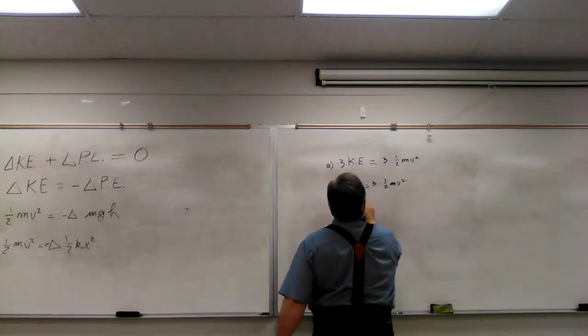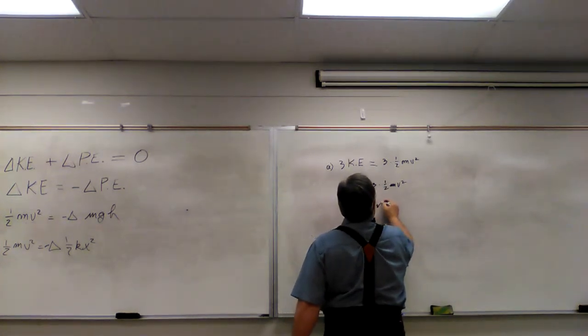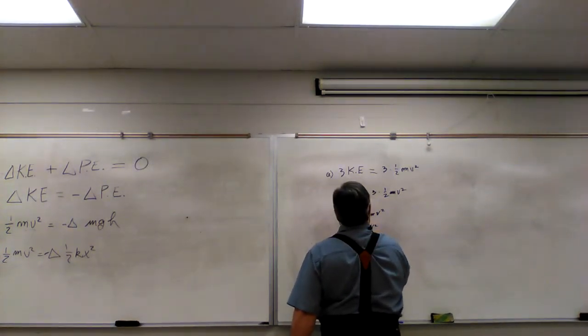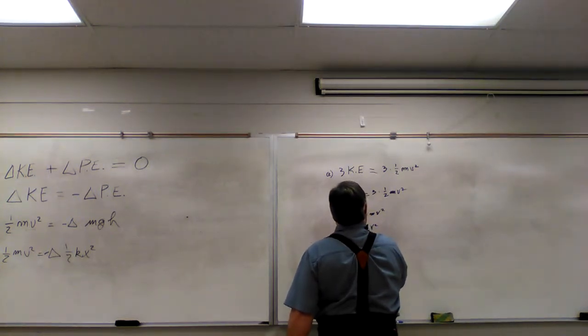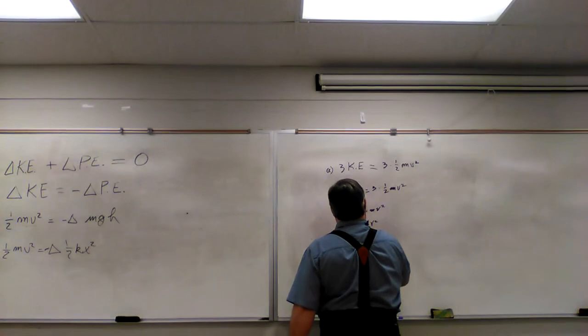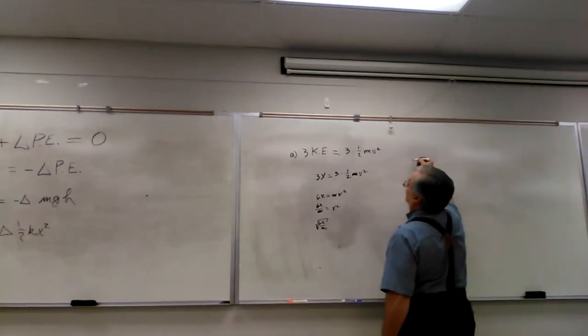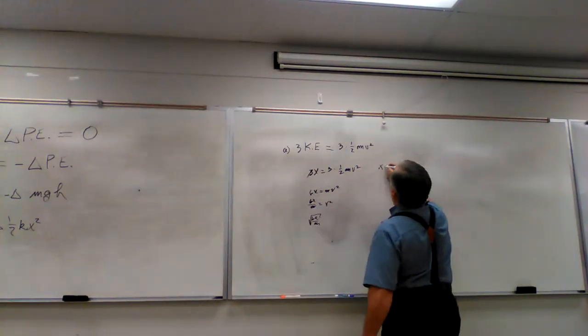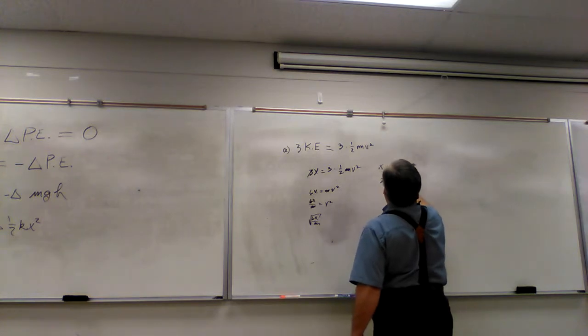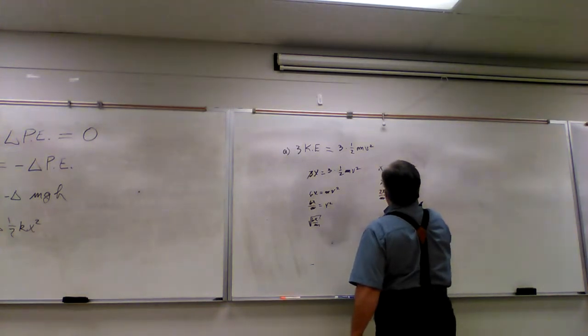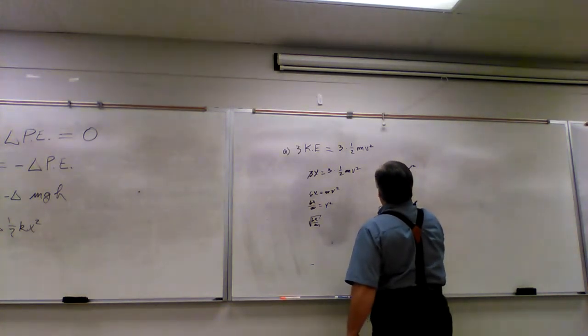So 6x equals mv squared. 6x over m equals v squared. And so the new value of v would be the square root of 6x over m. This would be compared to just x equals 1/2 mv squared, which would be 2x equals mv squared, and 2x over m equals v squared, and so v would be the square root of 2x over m.